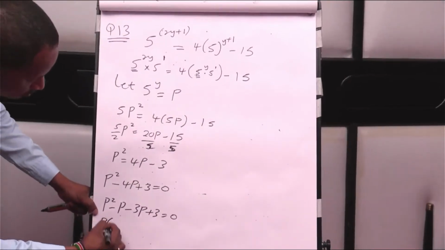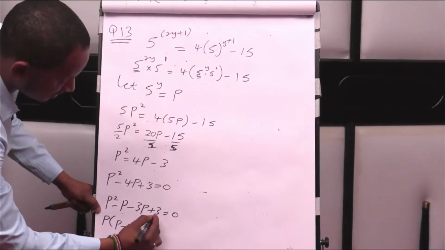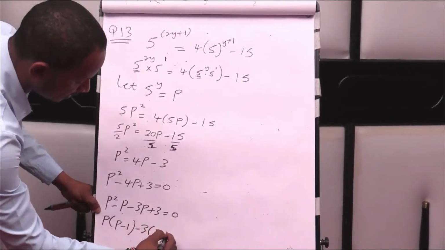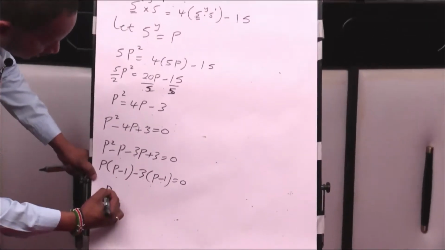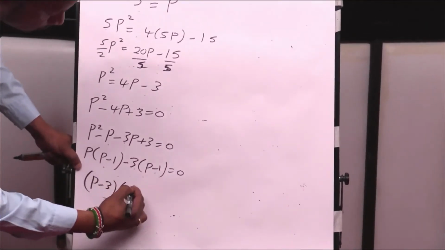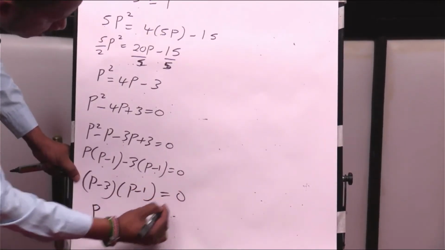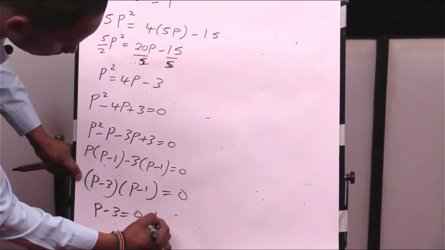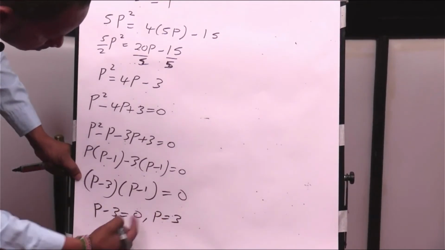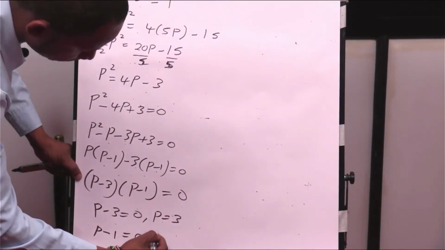Then factor p out: p into p minus 1, minus common factor here is 3 into p minus 1. Because these are the same, take p minus 3 into p minus 1 equals 0. So p minus 3 equals 0, p equals 3. Then p minus 1 equals 0, p equals 1.